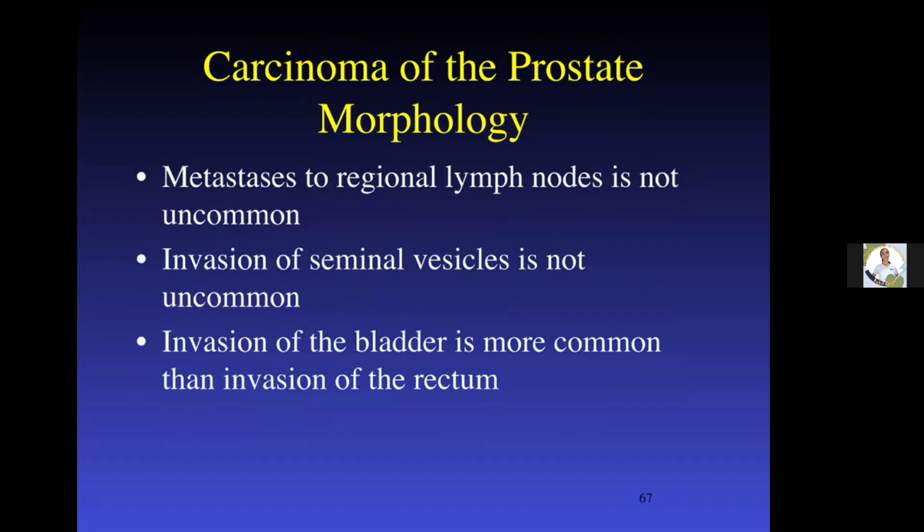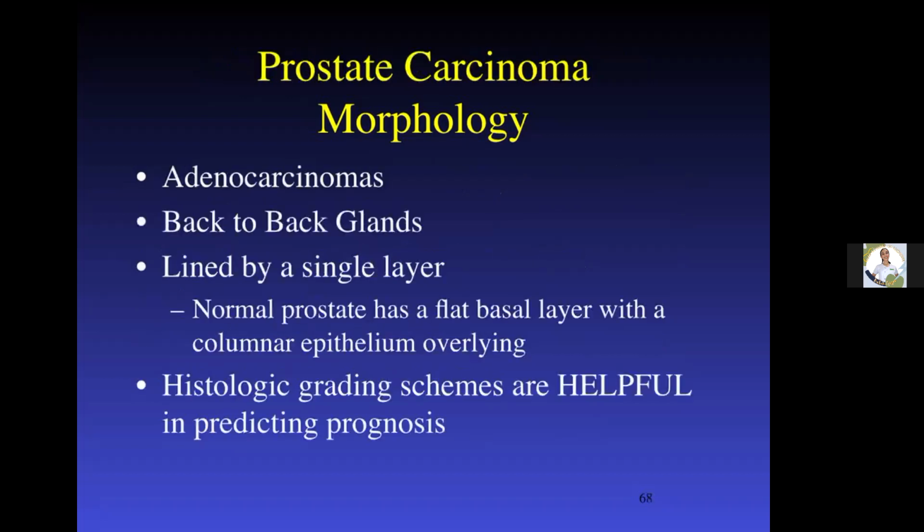What is the morphology of prostate carcinoma? They are adenocarcinomas arranged in a back-to-back arrangement. They are lined by a single layer of cells, unlike nodular hyperplasia, wherein the glands are lined by two layers of epithelial cells. Prostatic carcinomas are graded histologically, and the histologic grading is helpful in predicting the prognosis of the patient.